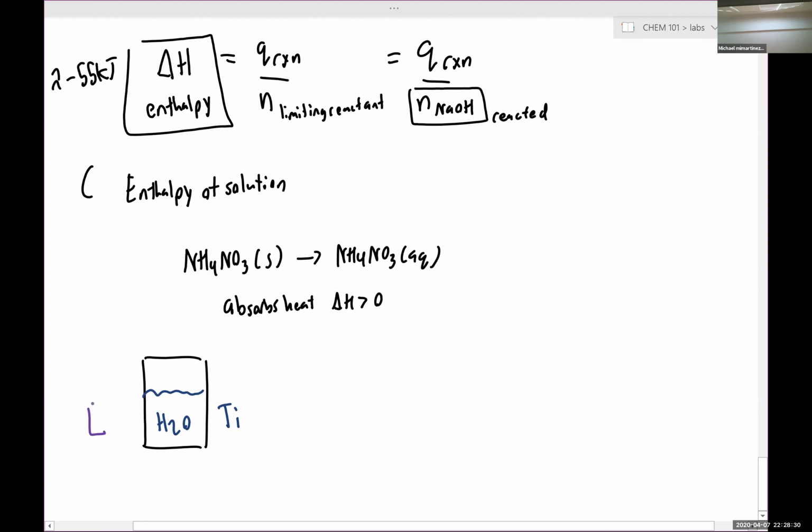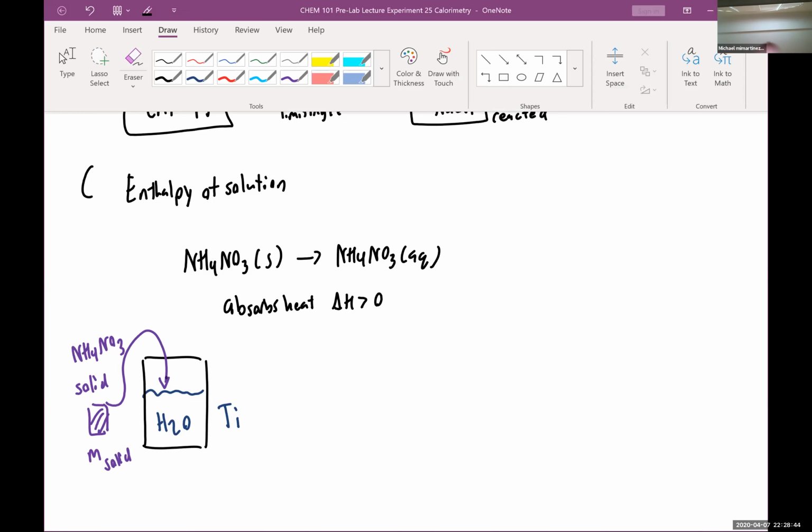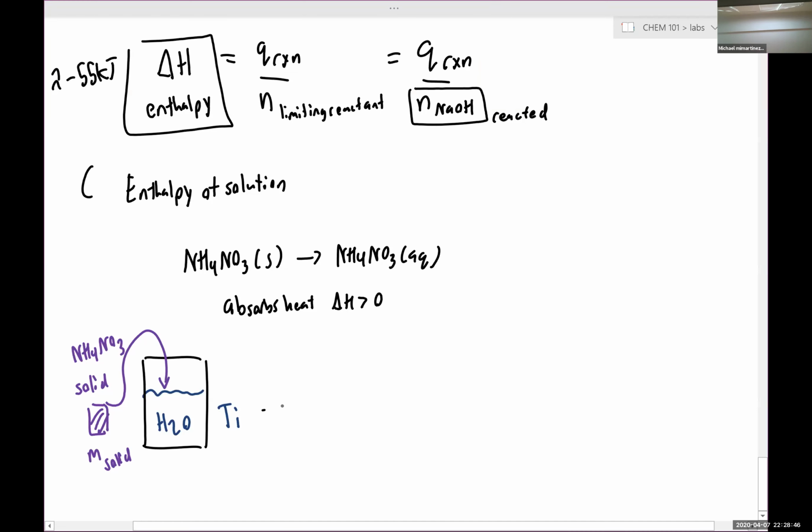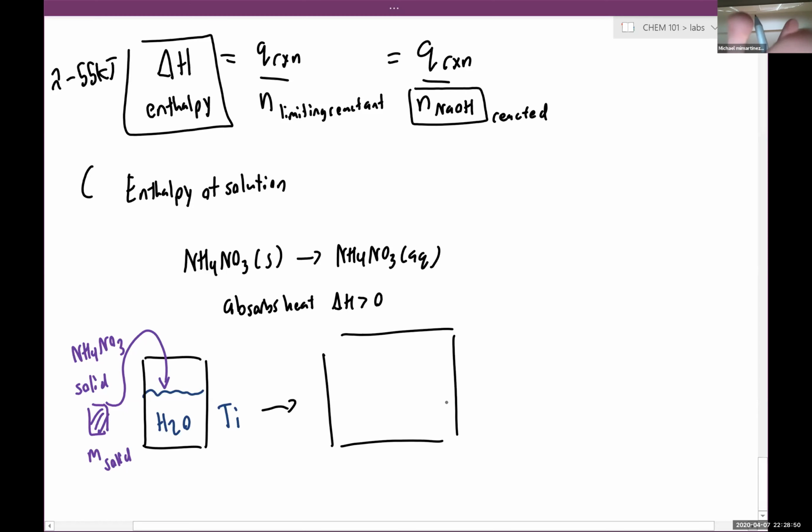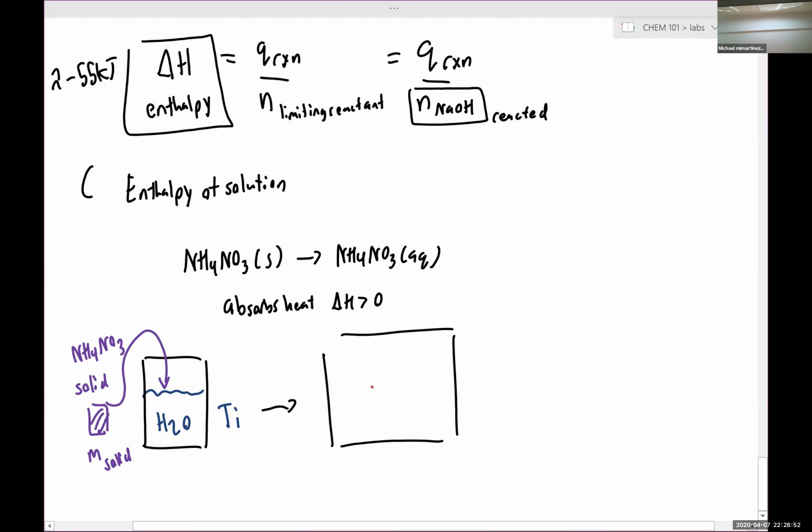We're then going to take a sample of solid. So in this case, let's suppose we have solid ammonium nitrate. And we're going to measure the mass of the solid, and we are going to mix the solid into our water. Now, just like our example with our chemical reaction, this physical process is going to absorb heat.